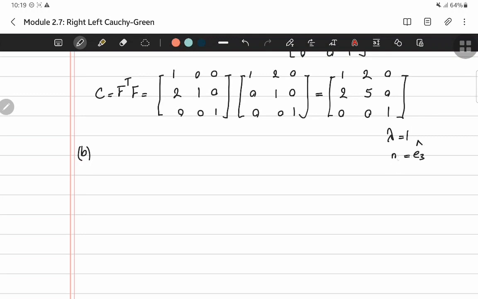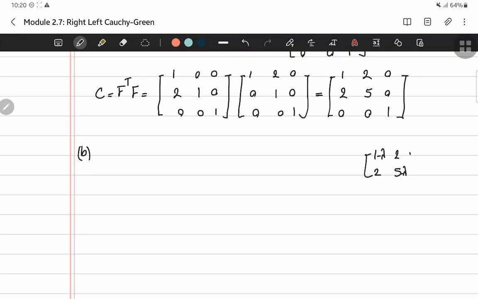It could be, for example, n1 is e1, it's not important. Here we're going to call it n3 equal to e3. And here you have 1, 2, 2, 5. So this becomes very, very easy to handle.